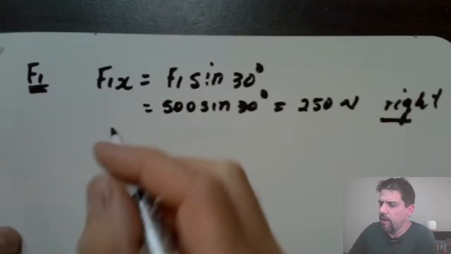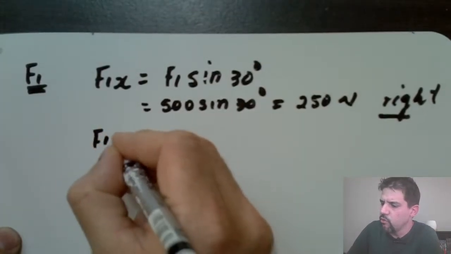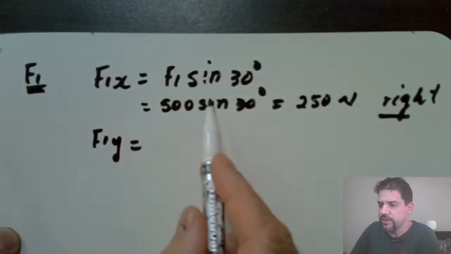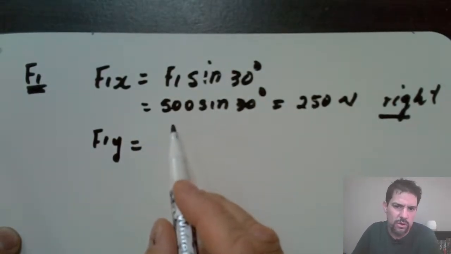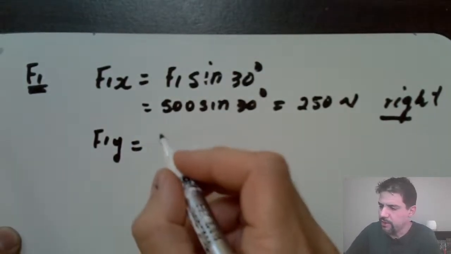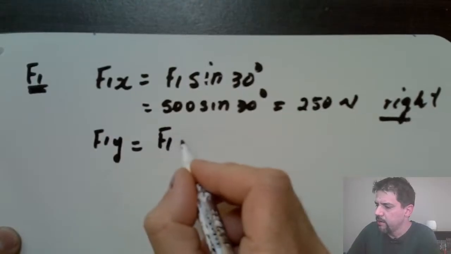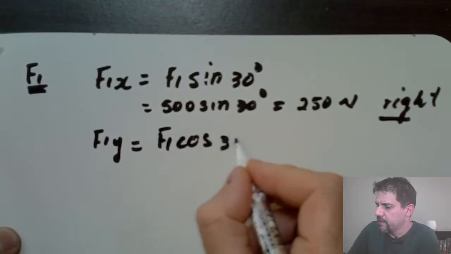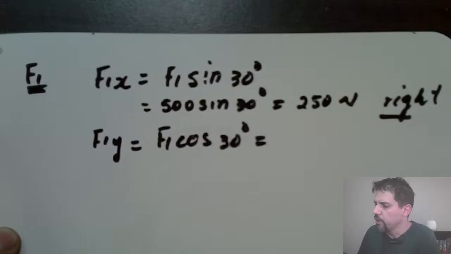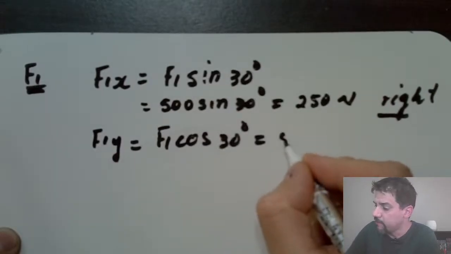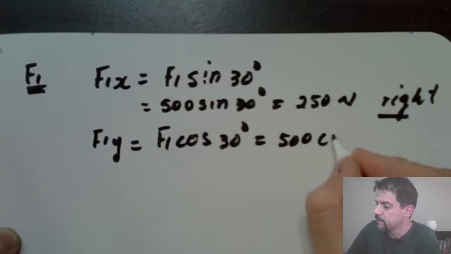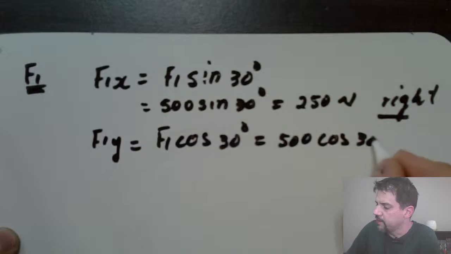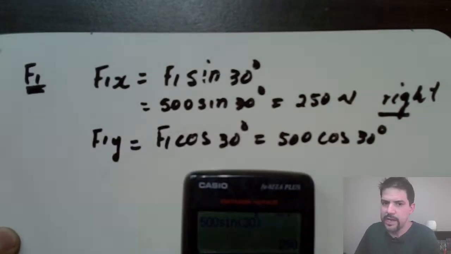There we go. So now F1 in Y, of course, if this one is sine, it means the Y will be cos. Nothing to say about that one. So this one is F1 cos of 30 degrees. Which is 500, sorry, 500 cos of 30 degrees. How much do we get? Let's do the calculation real fast.